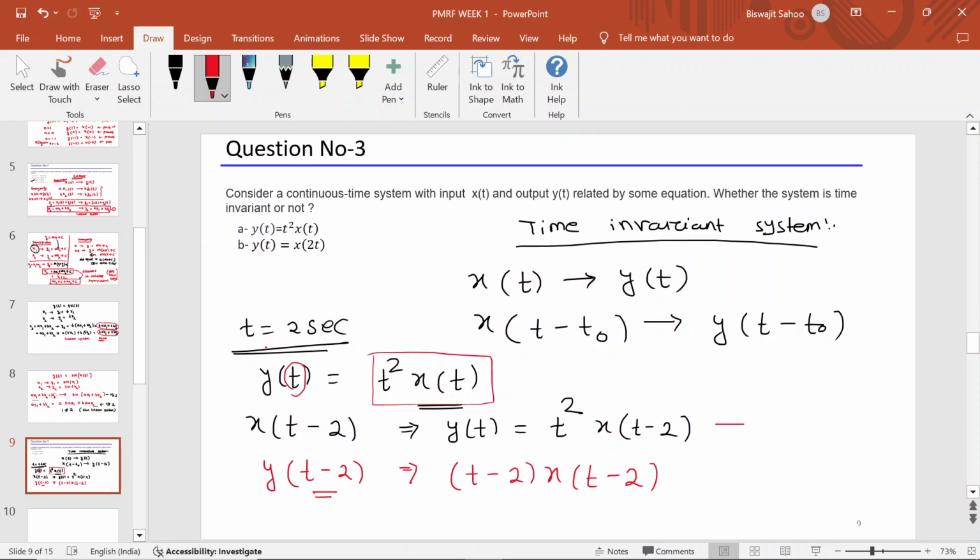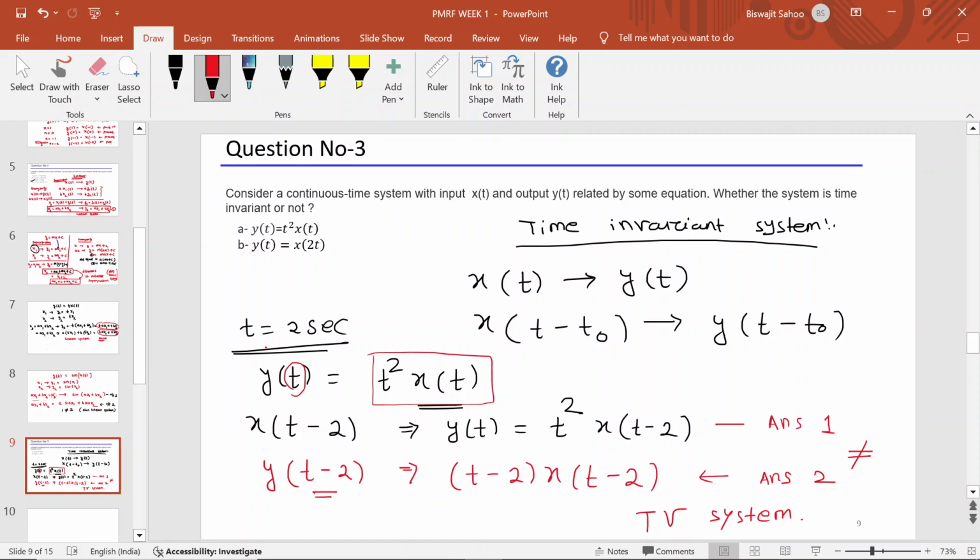This value is the output, let's say answer 1, and this is your answer 2 when you are changing your output. So answer 1 and answer 2 are not equal. That's why you can say that it is a time variant system. It is not a time invariant system. It depends on time.